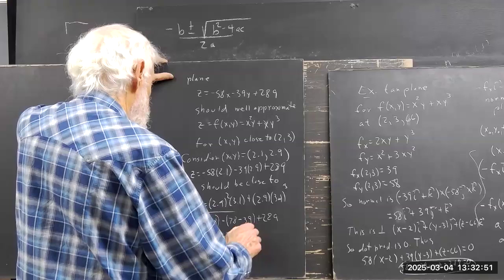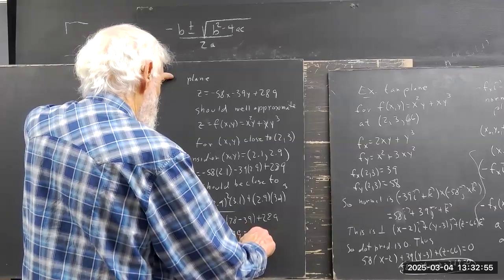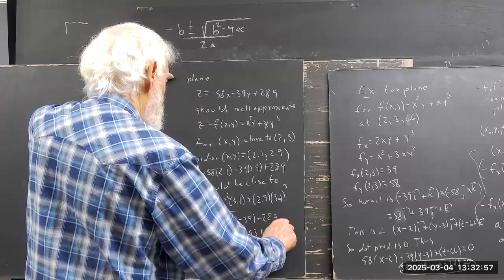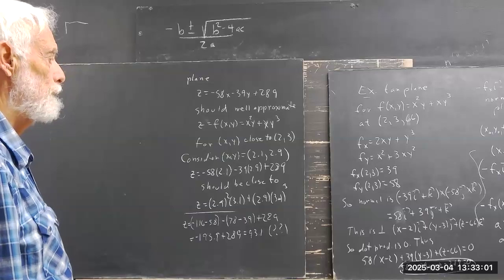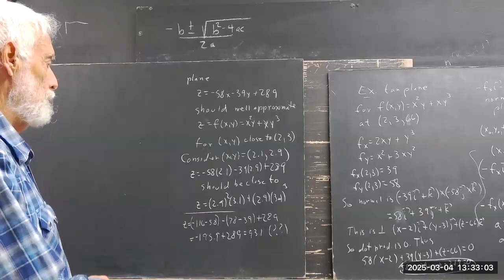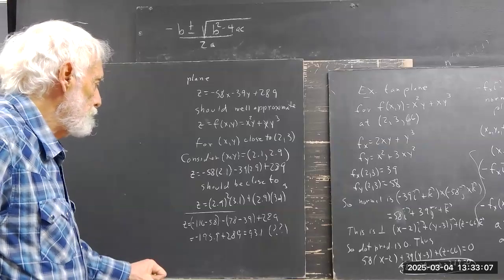So that should equal 89 and 4.1. And my value is 66, so something's probably off.